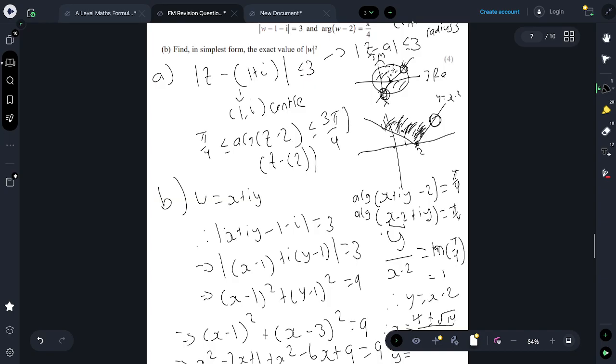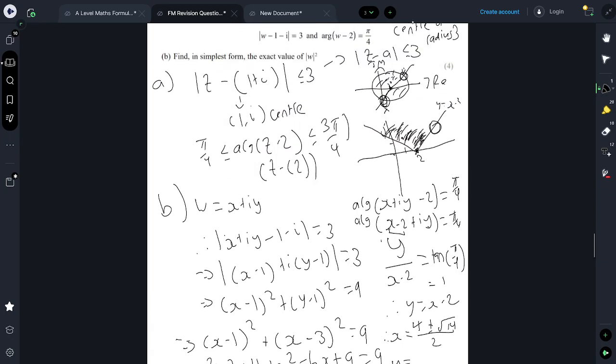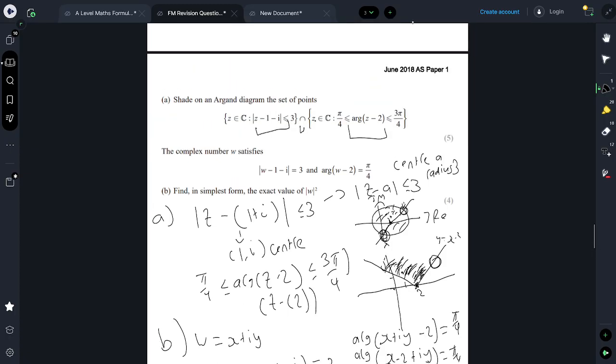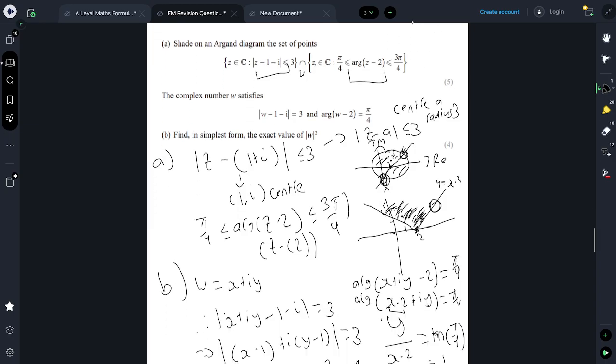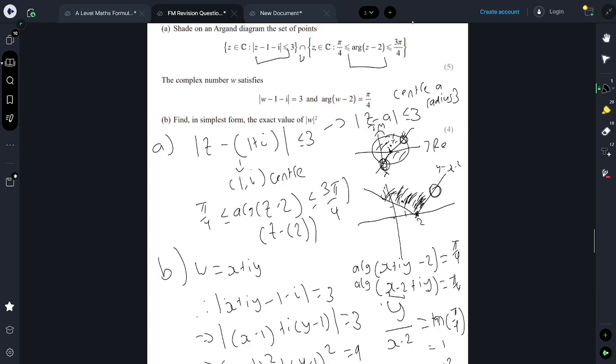The methodology is the same: convert to Cartesian, then form a circle equation and a linear line equation, then substitute to solve. But reject the solution that does not lie in the region. Remember the argument pi over 4 is only measured from the positive real axis.